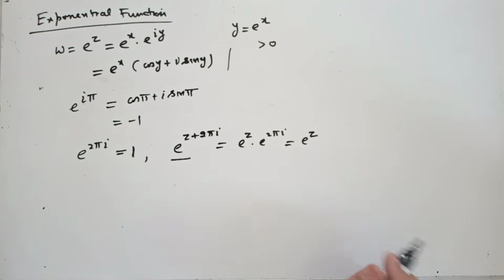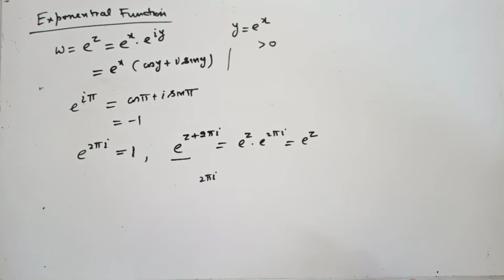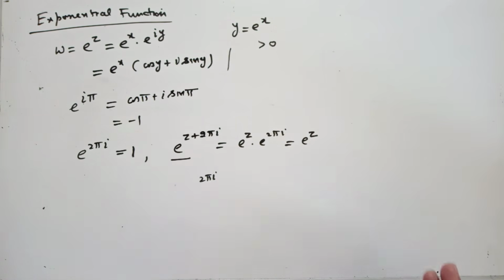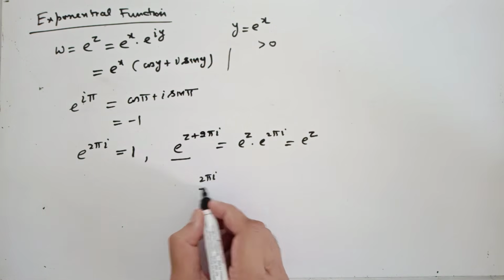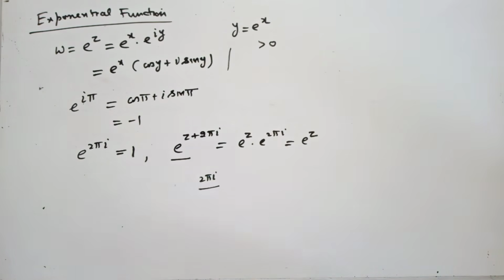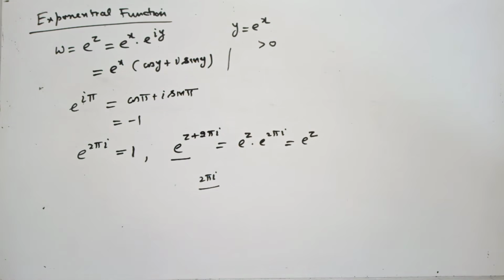Exponential function is a periodic function with period 2 pi iota. Even if I make it 4 pi iota, still the result is same. So you understand the period. So see the differences from the real case. Real exponential function is not periodic, you know that. But complex exponential function can take negative values and it is periodic with period 2 pi iota.